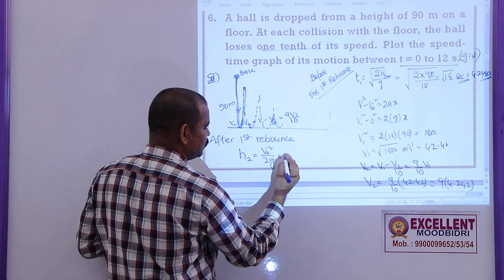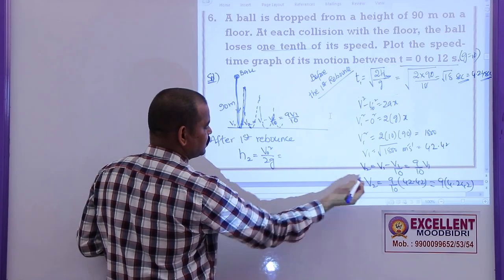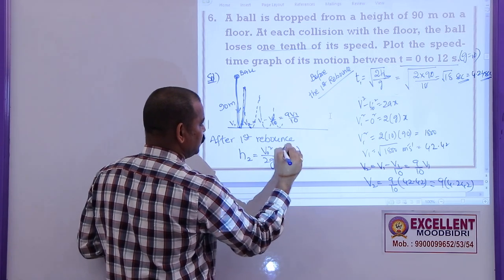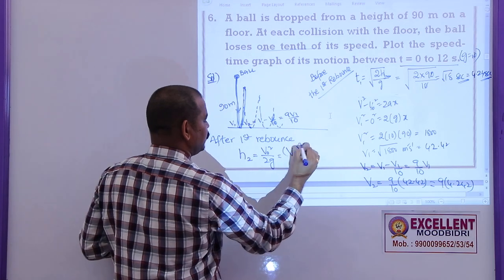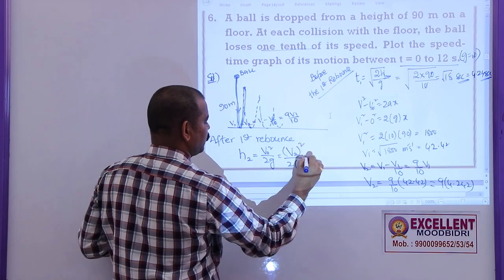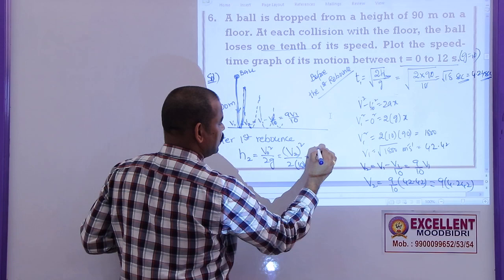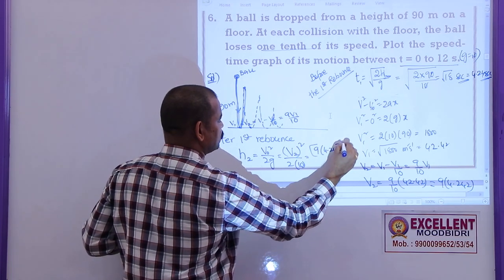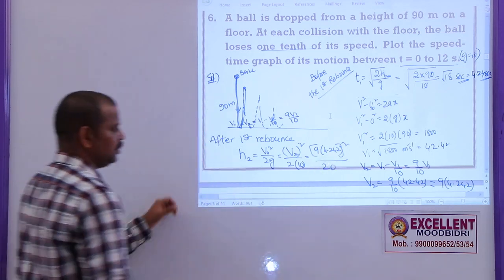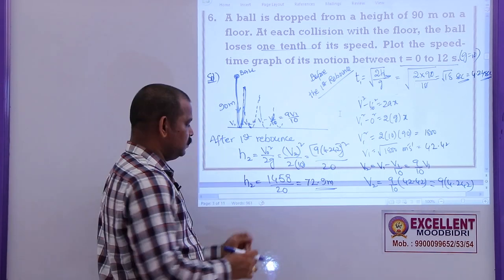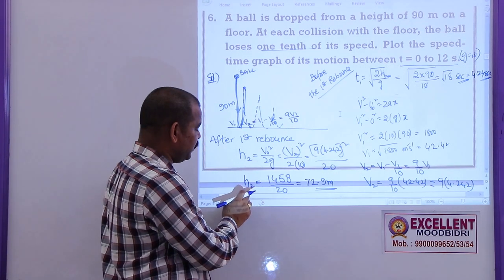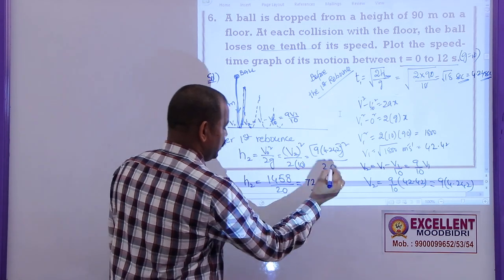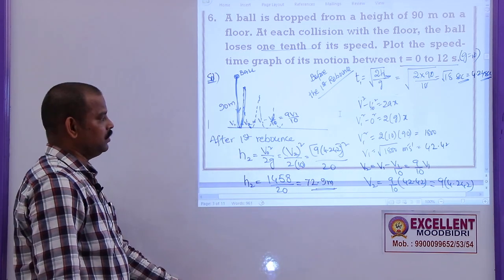Now, after squaring this, v naught square is the second velocity with which the body is going up, that is v2 square by 2 into 10. So, what is v2? That is 9 into 4.242 whole square by 20. So, here the maximum height reached in the second case is 72.9 meters.